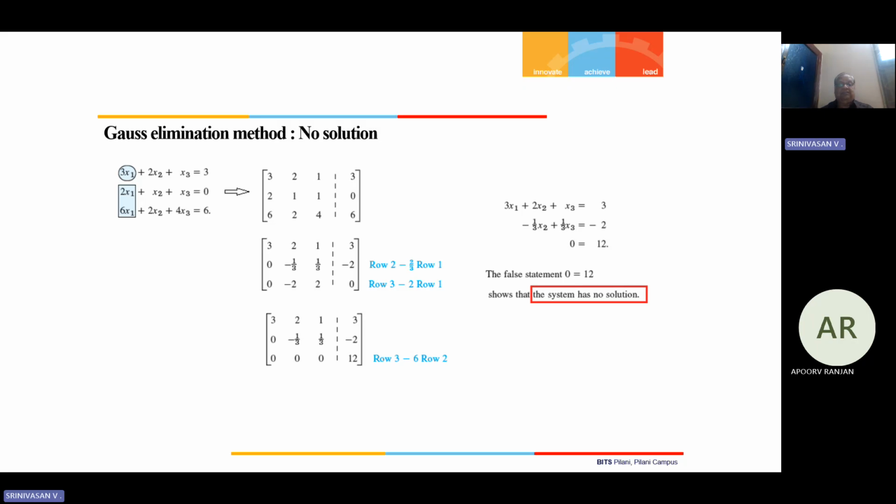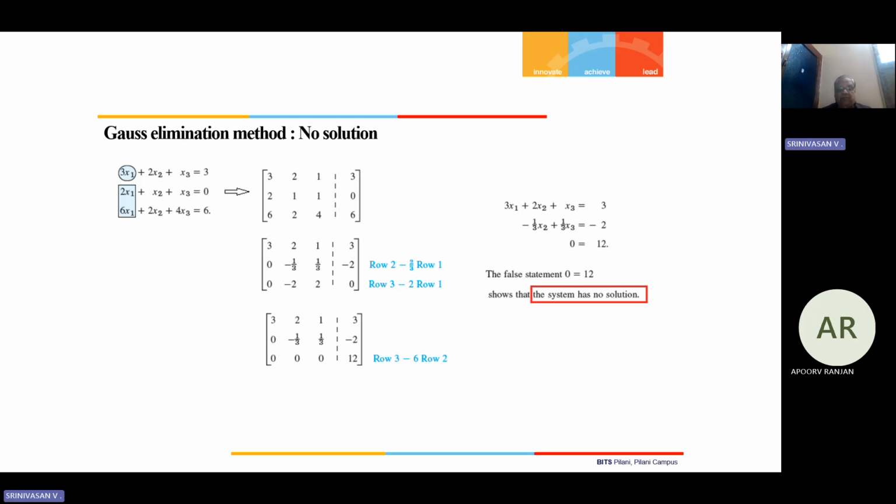So you end up with, look at the last row after two sets of operations: 3, 2, 1, 3; 0, minus 1 by 3, 1 by 3, minus 2; 0, 0, 0, 12. See, it so happened that when you are doing the second set of operations, R3 in terms of R2, the coefficient of z in the third row has come as 0 on its own, which we have not done.